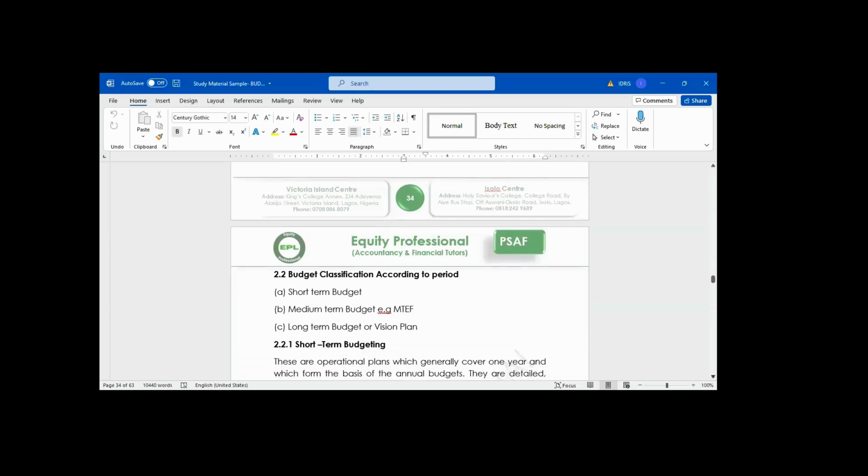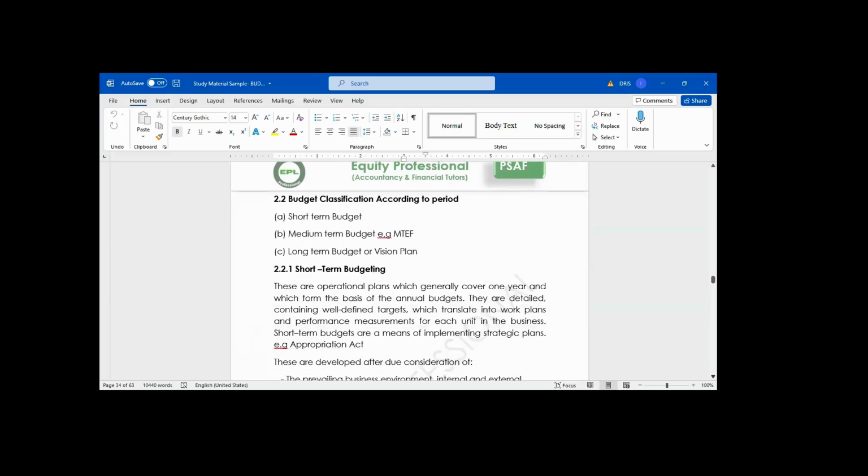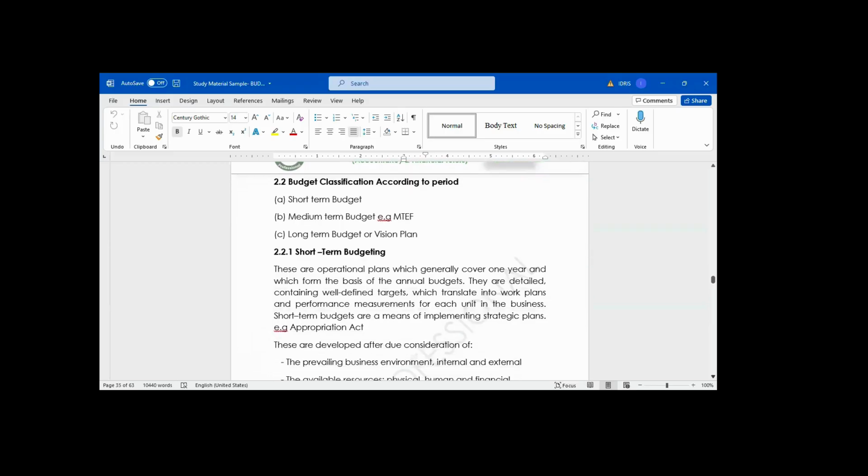We said short-term budgets are those budgets that cover a period of 12 months, and they are used for the implementation of the strategic plan. Short-term budgets are also used by government as part of the Appropriation Act.